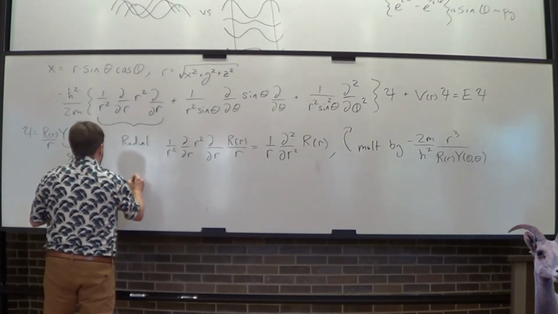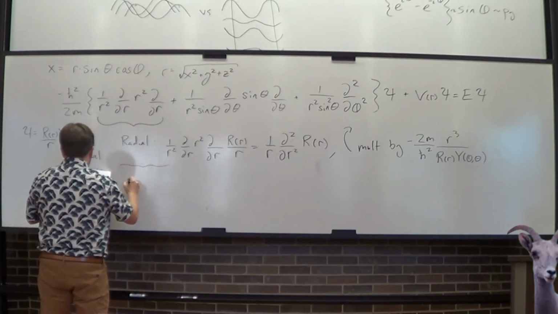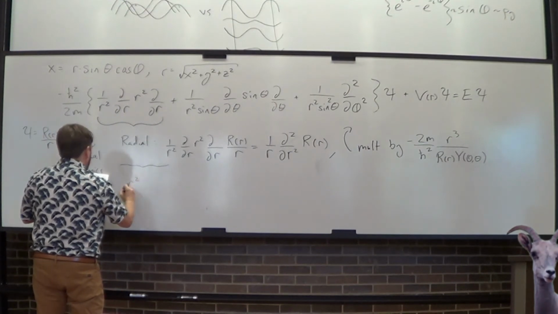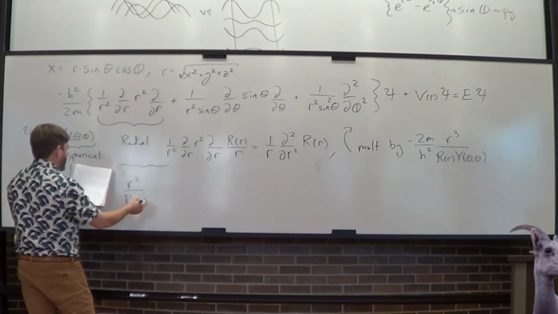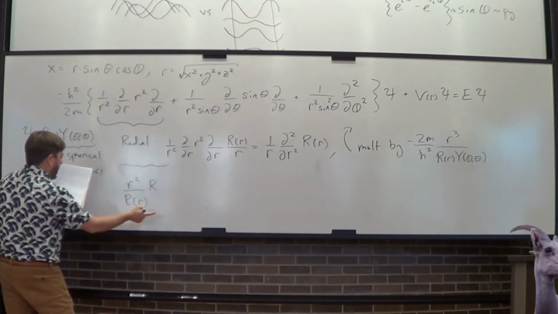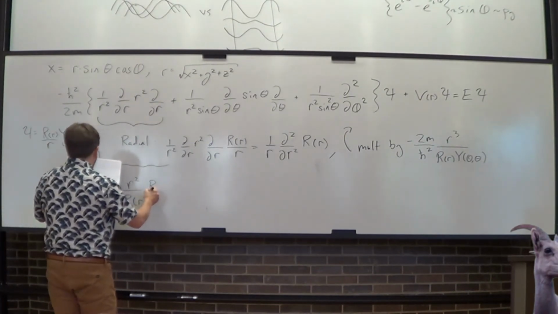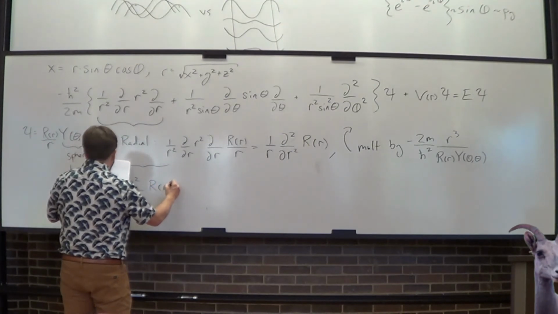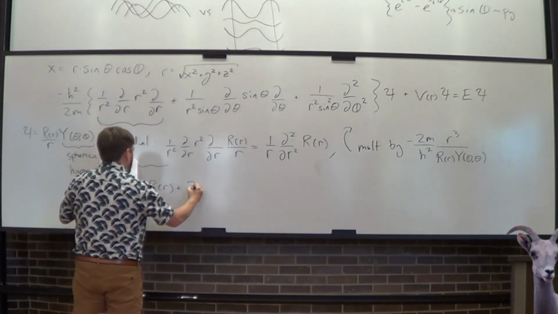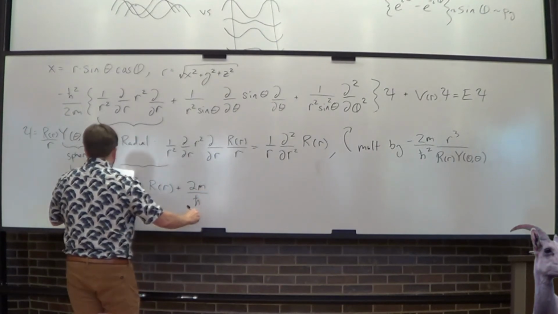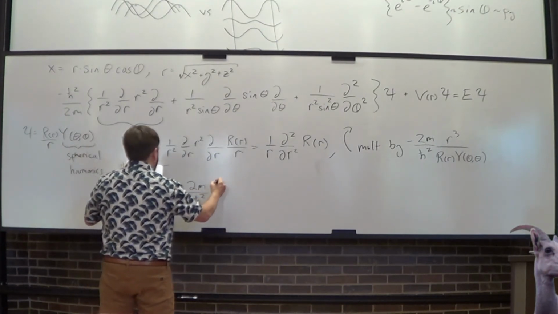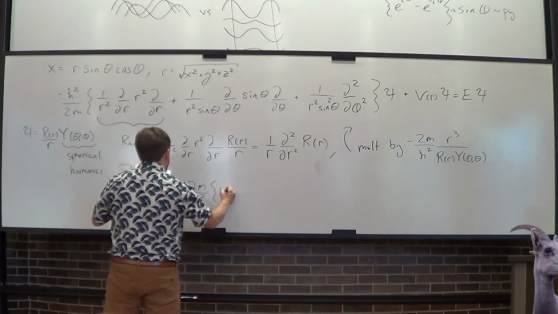Okay, so what you end up with is r squared. And remember, we'll unpack this later. By unpack, I mean you multiply everything by the wave function that you previously divided by to make sure you could do a separation, that the separated wave function was a valid one.